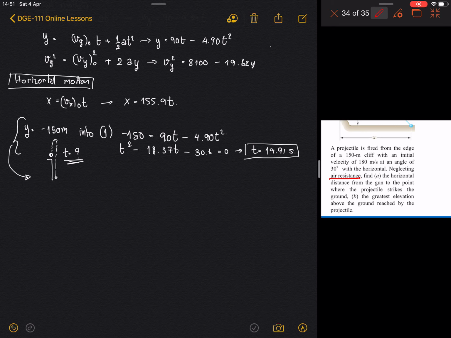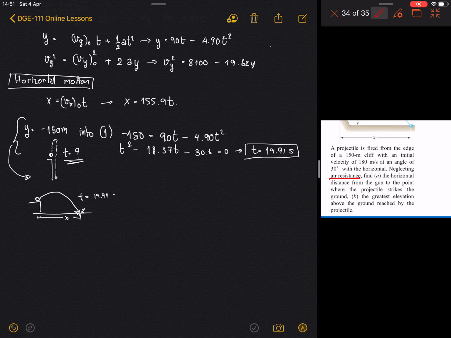So maybe I will solve it for you. To find the distance in the x-axis, how far it has to go to hit the ground here, you already know the time it took to hit the ground, which is t equal to 19.91.